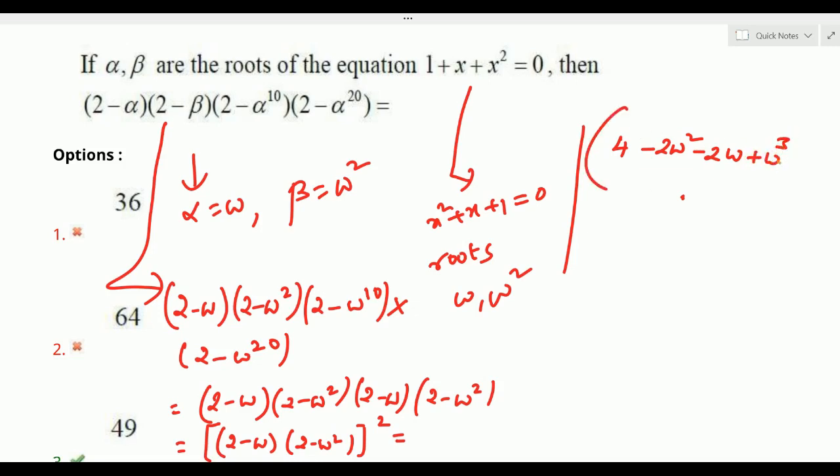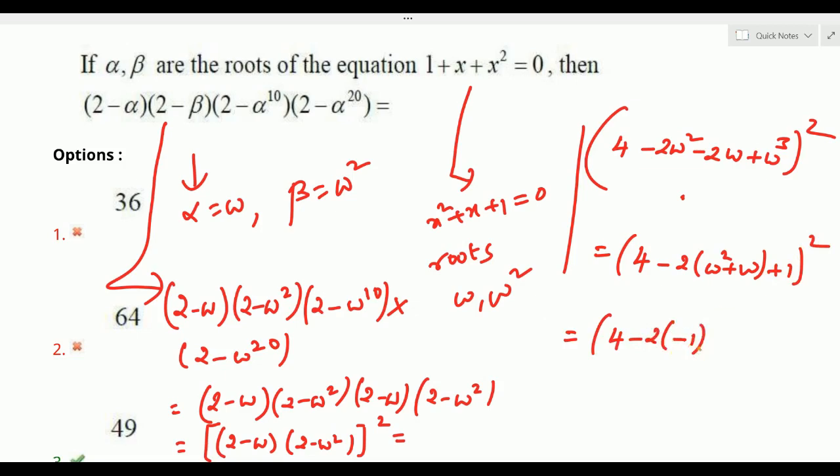Okay, now? So again this is 4 minus, from the 2 omega square and 2 omega, 2 is common, minus 2 is common. Here omega square plus omega, and the omega cube is 1, whole square as it is. That is 4 minus 2 of omega square plus omega, which is minus 1, using 1 plus omega plus omega square is 0.